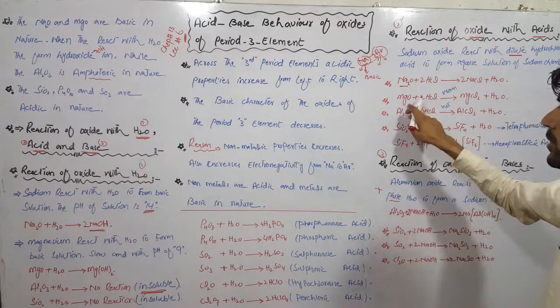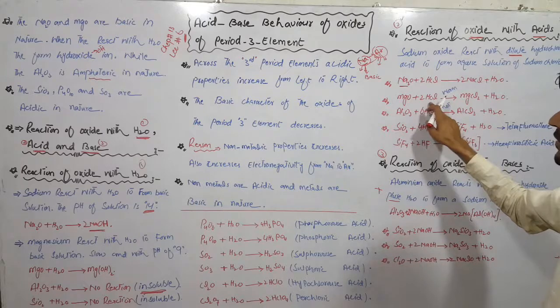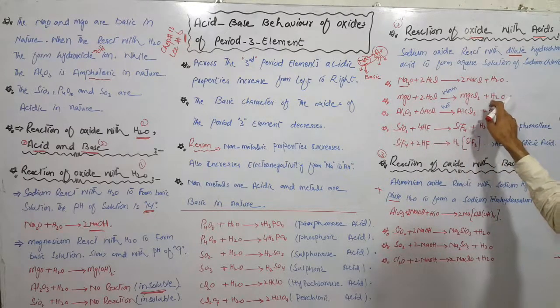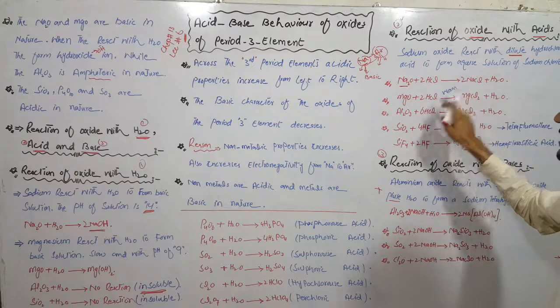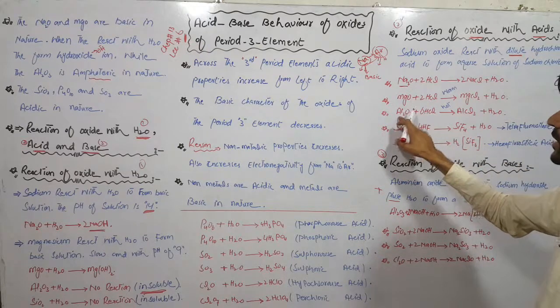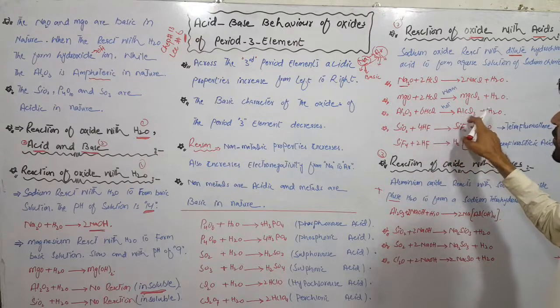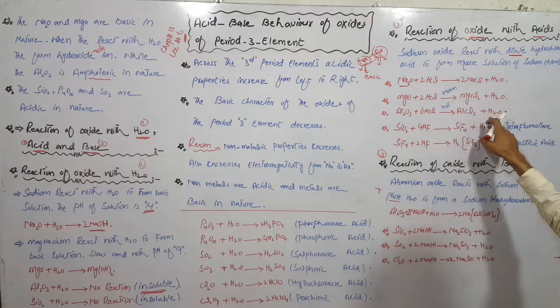Magnesium oxide reacts with HCl to produce magnesium chloride plus water under warm conditions. Aluminum oxide reacts with HCl to produce aluminum chloride plus water.